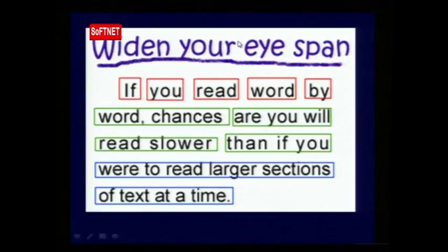See, I want you to read this. If you read word by word, chances are you will read slower than if you were to read larger sections of a text at a time. Now, I have read it aloud, so therefore, I have to read it word by word. But if you read it silently, you will check that your eye span increases, you take 2 or 3 words together to read it.